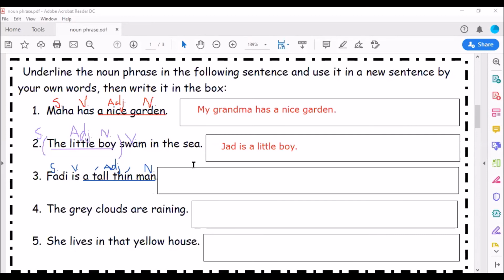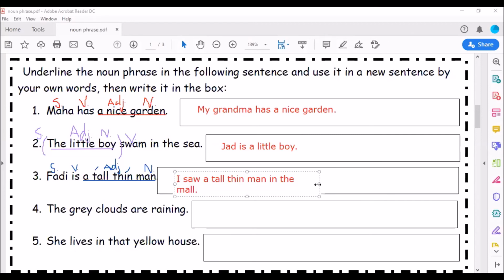Okay, let's put it in a sentence. A tall, thin man. Think about it. Okay, I'm gonna write my own now. I saw a tall, thin man in the mall.